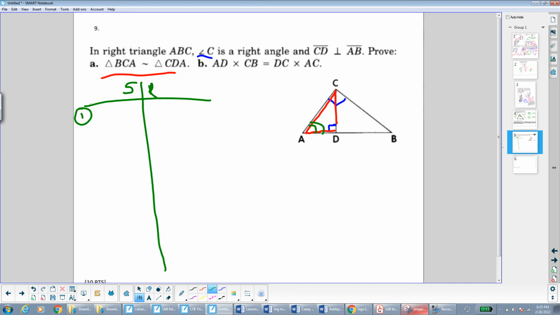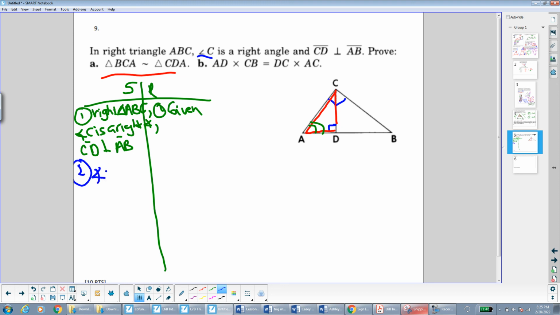So number 1, right triangle ABC. I did not give myself a lot of room. Angle C is a right angle. CD is perpendicular to AB. And that is all given information. Step number 2.